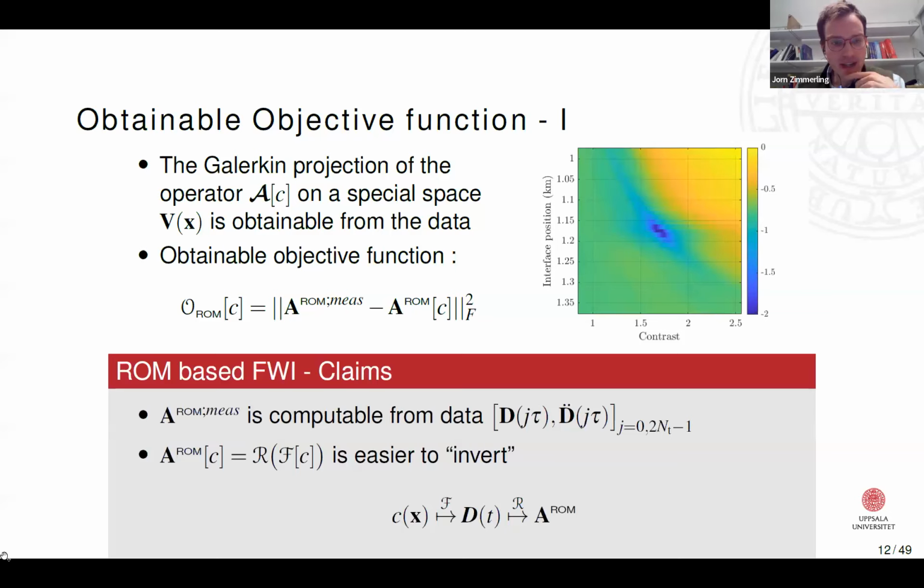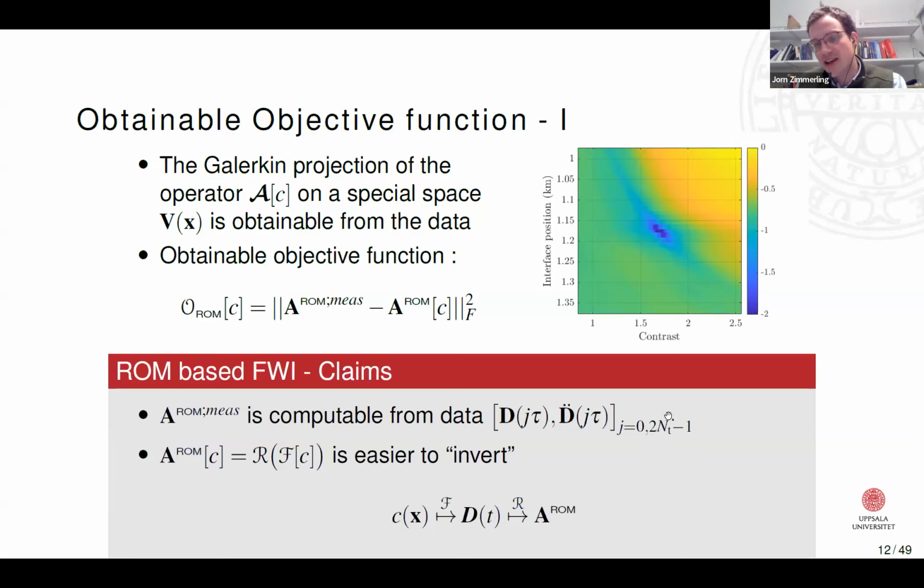So the claim that I'm trying to show in this talk is that reduced order model-based FWI is possible, and essentially that these reduced order models are computable from data. The data that I need is access to the data at integer time steps of tau, and I need access to the second derivative of this data. I need access to this data from time steps 0 to 2n minus 1.